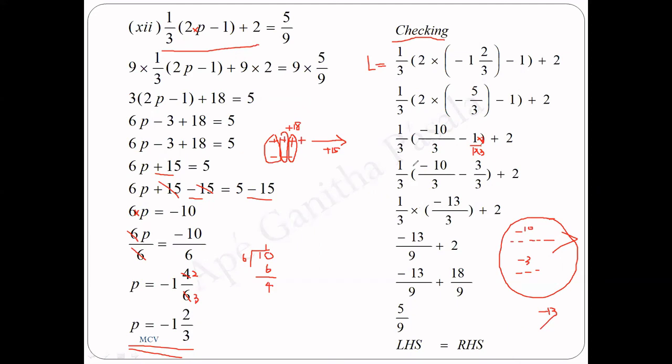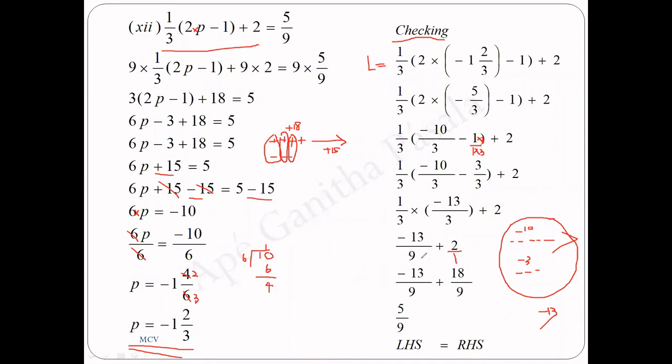Now multiply. Bracket means here you have to multiply this by 1 over 3. 1 into minus 13 is minus 13, and 3 into 3 is 9. So minus 13 over 9 plus 2. Now here also you have to get a denominator 9, otherwise you can't simplify.